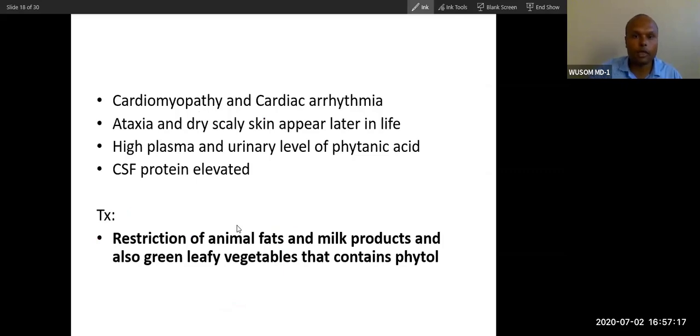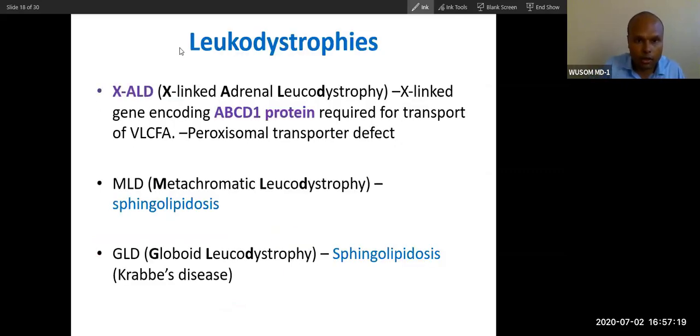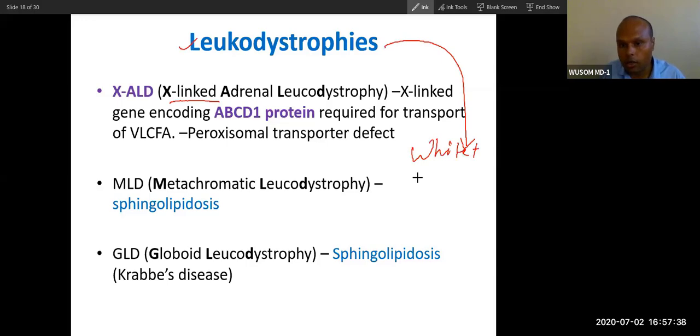Now let's see about the next disorder. The second one, leukodystrophy, is also because of a single gene defect. X-linked, this is X-linked adrenoleukodystrophy. What does it mean? Adrenal gland, and leukodystrophy means what? Leuko means white, dystrophy means loss.